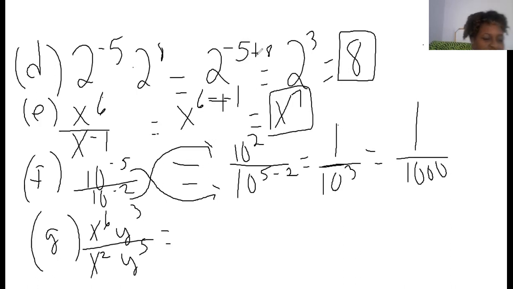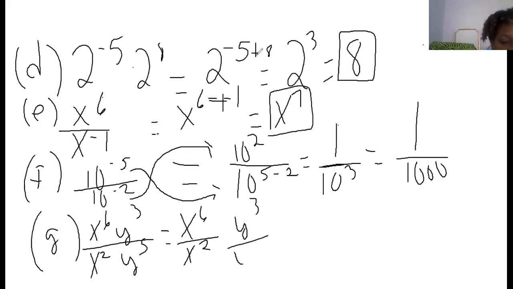As we continue with model G, here what do I show? X to the 6 over X squared, Y to the third over Y to the 5th. I will simplify that by simply subtracting 6 minus 2, applying the quotient rule at the larger exponent. That equals X to the 4th in the numerator.